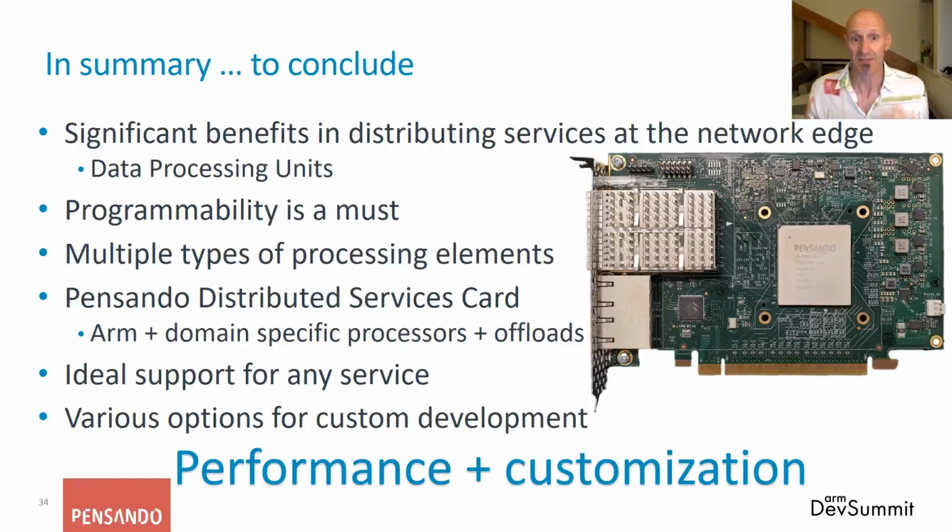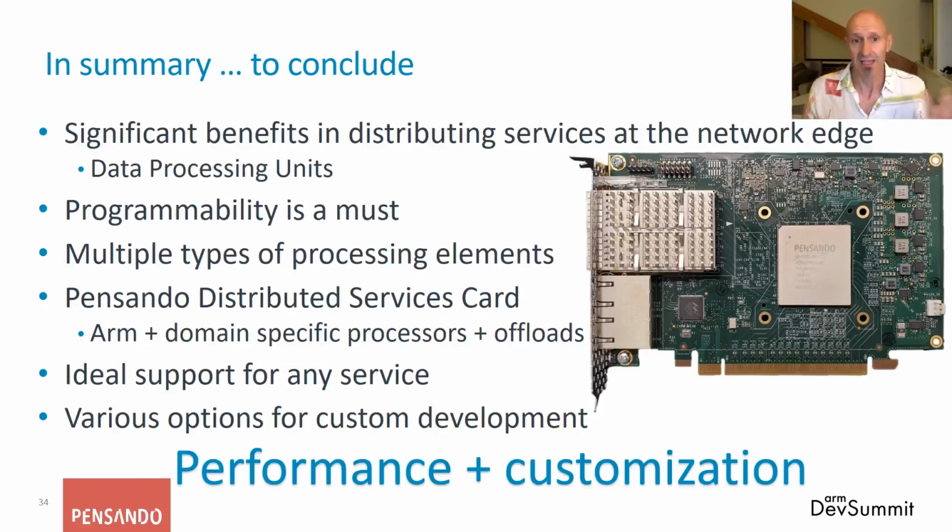In the case of the Pensando Distributed Services card, we have general purpose processing elements, which are ARM cores, domain-specific processors organized in pipelines, and hardware offloads for particularly computationally intensive computations like, for example, compression, decompression, and encryption.